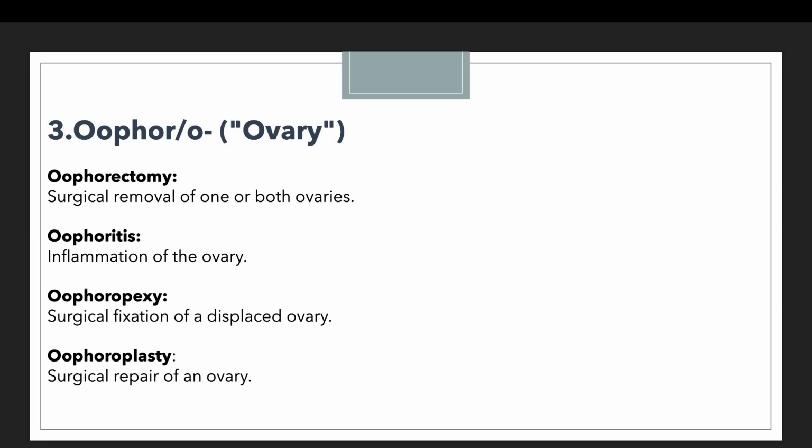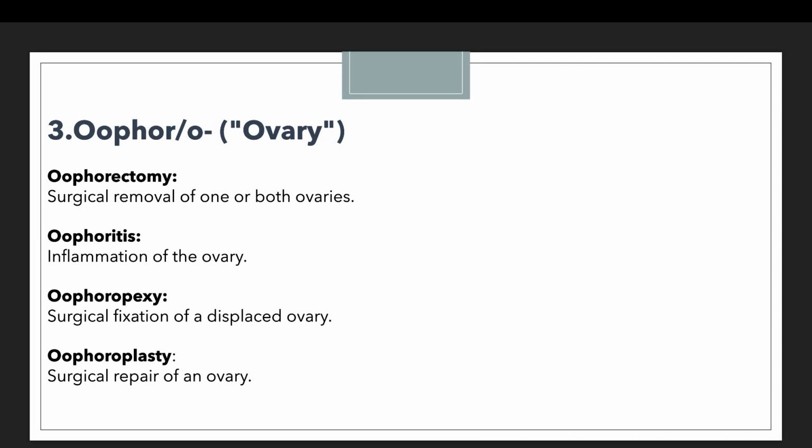So let's look at how oophor is used to denote ovary. The first example is oophorectomy, which means surgical removal of one or both ovaries. Then we have oophoritis. What is oophoritis? Inflammation of the ovary.